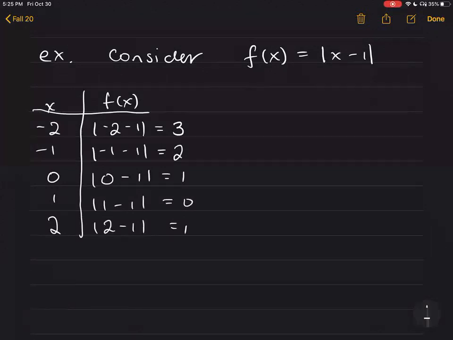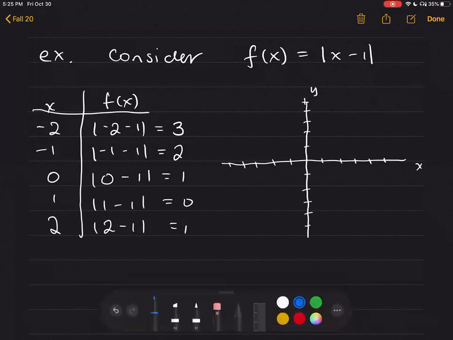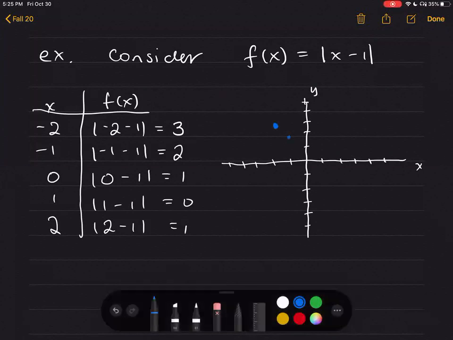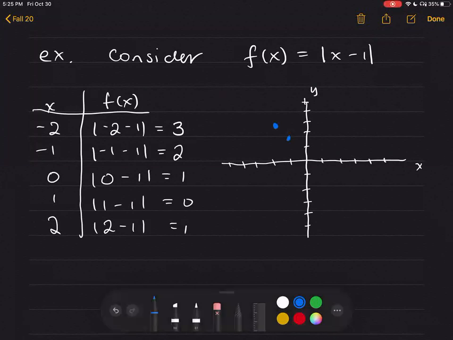So if we look at a graph of this, x, y, we'll plot these points: -2 up 3, -1 up 2, 0 up 1, 1 is 0, and 2 is 1 again. So that'll look like this. There's our V.